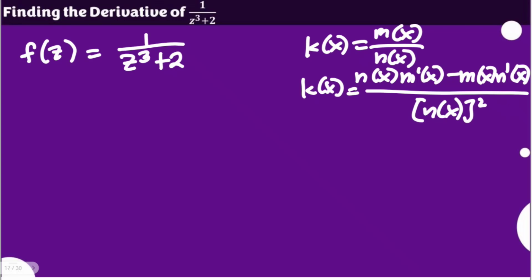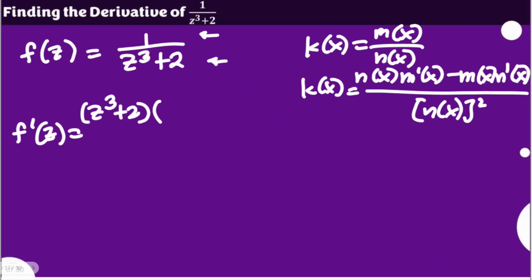Looking at our given function, this is our denominator, and we are lucky to have a numerator which is just equal to 1. So applying that here, the first derivative of our function is the denominator, z cubed plus 2, times the derivative of 1, which is obviously 0, minus your numerator times the derivative of your denominator.